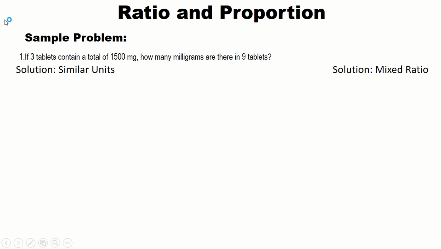The next solution is using the mixed ratio. This means that the numerator and denominator have different units. For this solution, we can follow the general rules for ratio and proportion. We can assign which is A, B, C, and D. The problem is, if the amount of dextromethorphan hydrobromide in 240 ml of cough syrup is 480 milligram, what would be the volume required for a child's dose of 10 milligram?